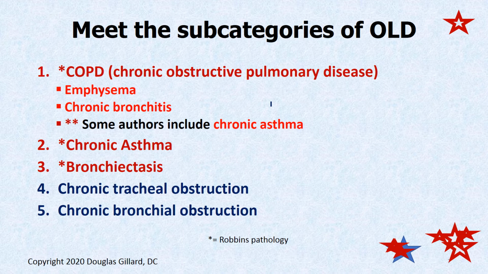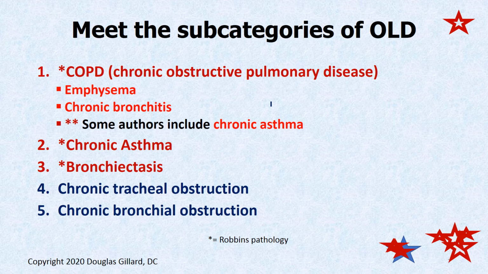And as I've said a few times already, COPD has itself 2 subcategories, emphysema and chronic bronchitis. And some authors, more and more authors, are including chronic asthma in there as well, because chronic asthma can also scar up the microcirculation of the lungs and put stress on the right heart and cause pulmonary hypertension. So it really should be included. Rubin's and Robbins don't, and those are chiropractic board books. Well, that's where board questions come from, so I'll leave it at that for this lecture.